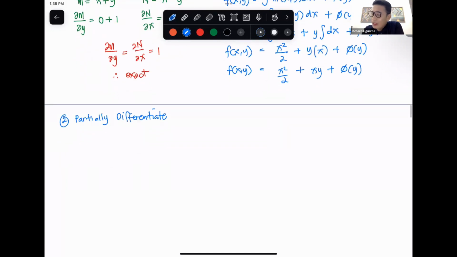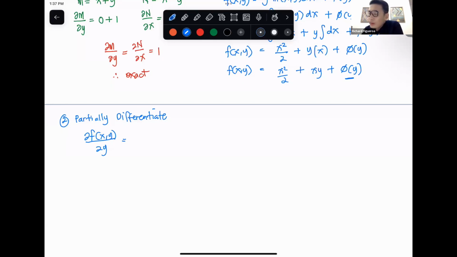Pag nag-differentiate ka naman, ito naman yung kabaliktaran, kasi our objective is to make this one as phi prime of y. So, ang gagawin ko, I'm going to partially differentiate f of xy with respect to y. This time, we are holding y to be variable, x to be constant.